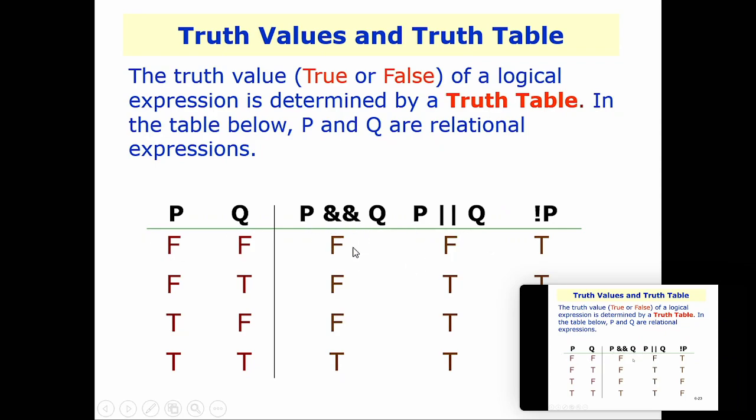P and Q are false, P or Q are false, and not P is true. As long as one of them is true, P or Q gives true. And for P and Q to be true, both expressions should be true.